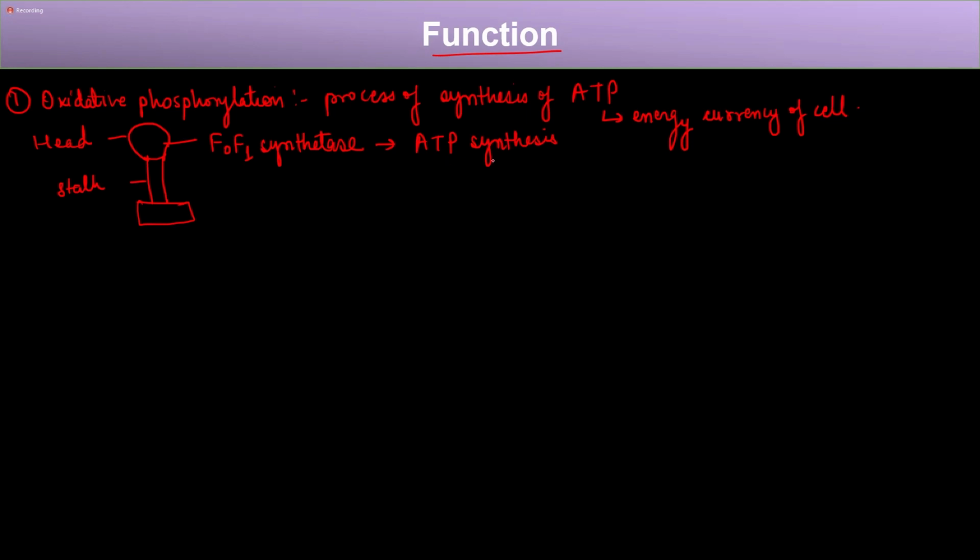And from what does it synthesize the ATP? It requires ADP plus phosphate. So with the help of ADP plus phosphate, ATP synthesis is done with the help of an enzyme known as F0 F1 synthetase. So the major function of mitochondria is oxidative phosphorylation.